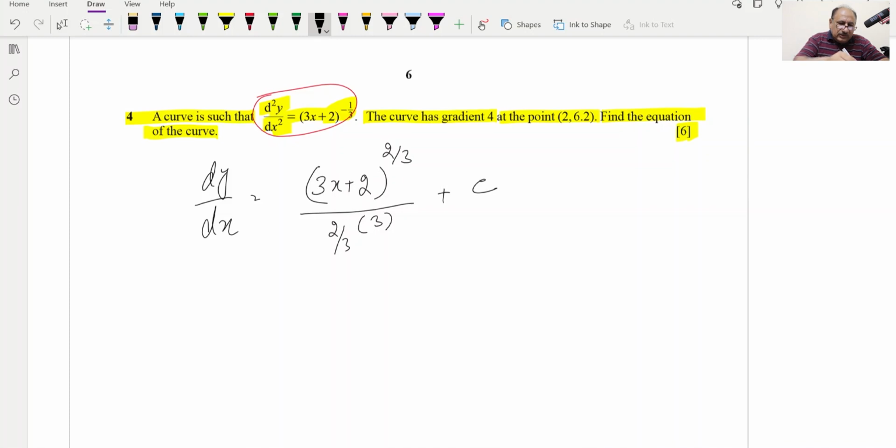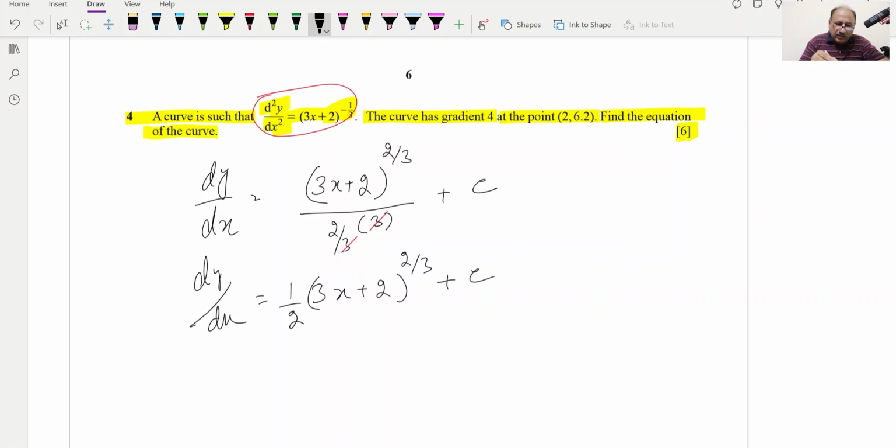Now this 3 we can cancel, so our equation will become 1 by 2 times 3x plus 2 to the power 2 by 3, plus c. This will be our dy over dx.